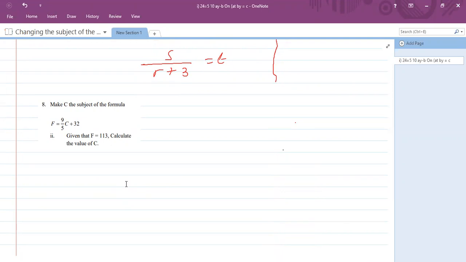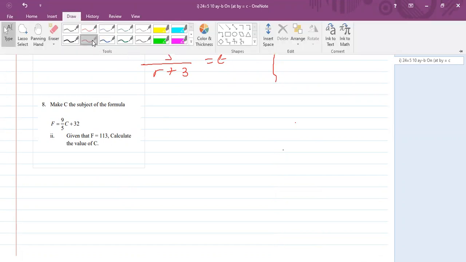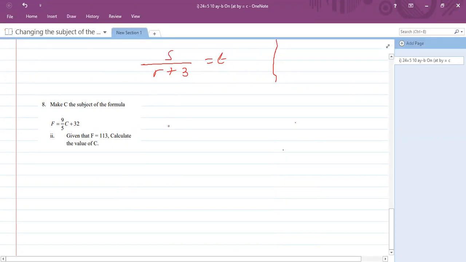So here we have F is equal to 9 over 5 C plus 32. And we want to make C the subject, right? Well, which one will I move first? I want the C to stand by itself.